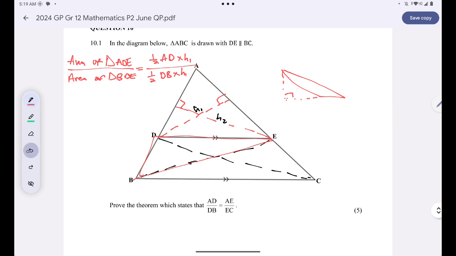Are you together? So here, both the halves will cancel. You have the same height. So this simply means that the area of triangle ADE divided by the area of triangle BDE can be written as AD over DB, right?